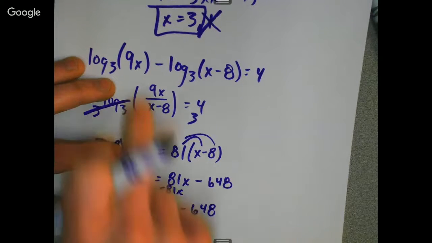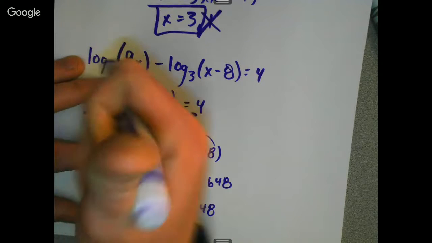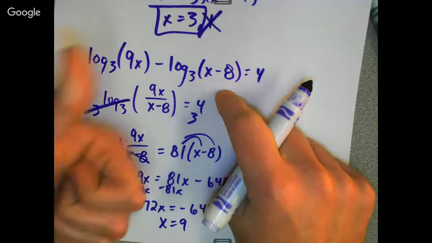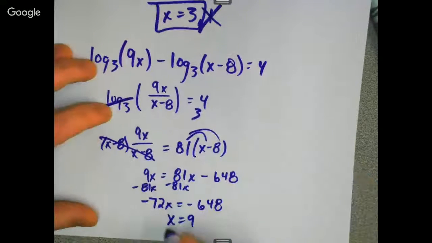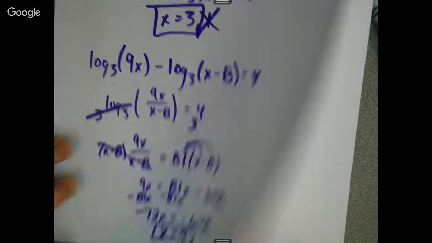Again, you have to plug this back in. 9 times 9 is 81. That's good. 9 minus 8 is 1. So that is also good. Okay. There'll be some more difficult ones, but just make sure that you're checking your solutions to know that you're getting the right answers.